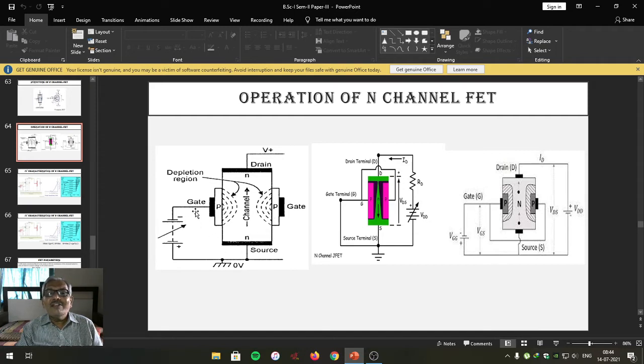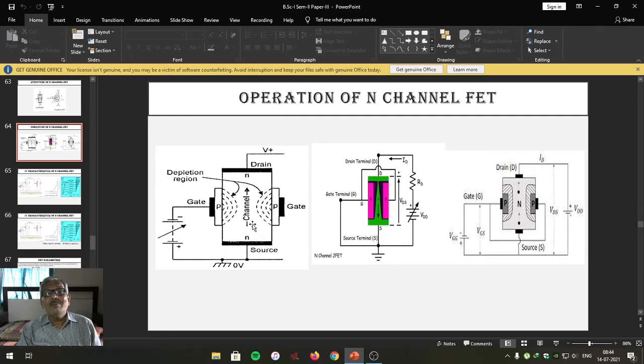And now we are increasing the gate to source voltage. So that's why the width of the depletion layer between the P region and N region increases like this on both the sides. As the width of the depletion layer increases, as we have studied in the PN junction diode, the channel width decreases.